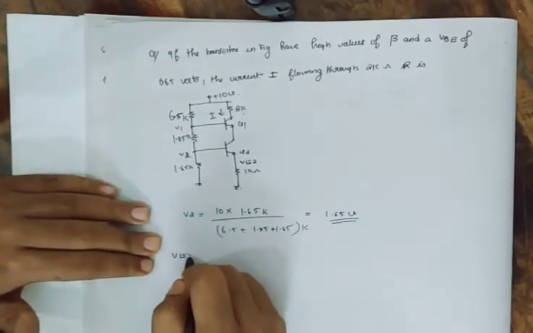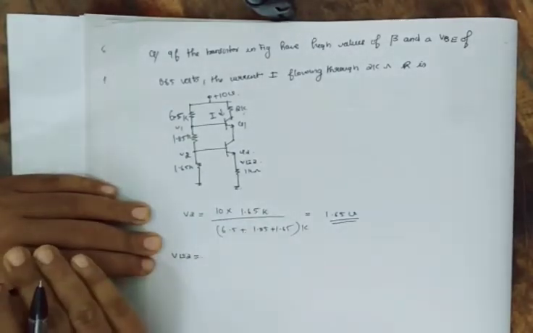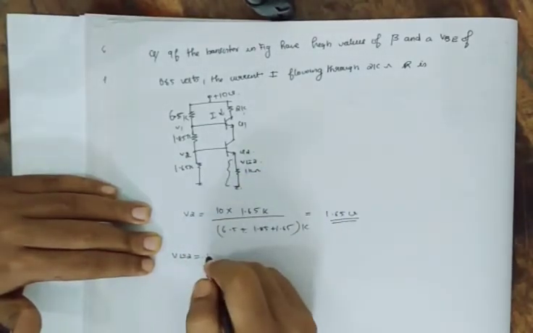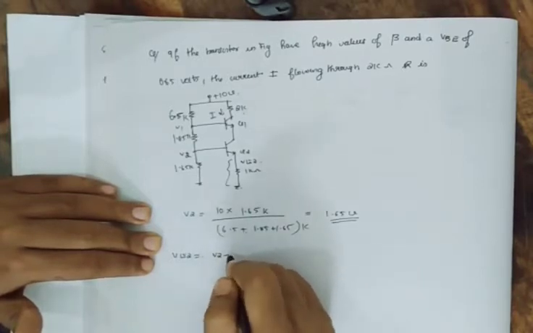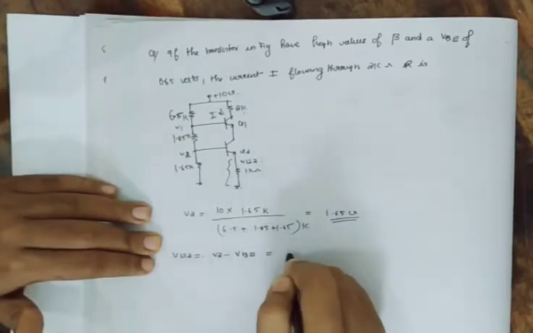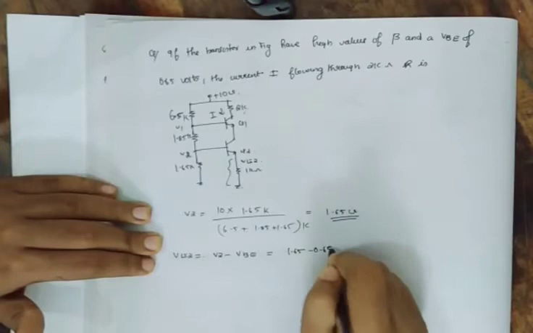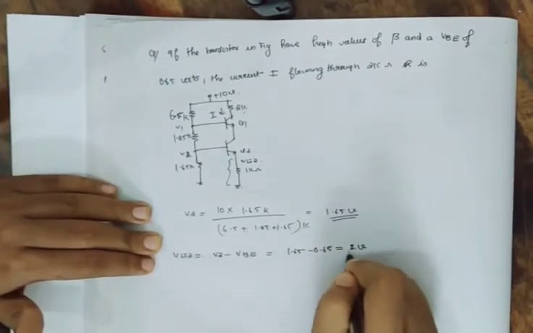And VE2, that is this one, is equal to V2 minus VBE, which is equal to 1.65 minus 0.65, that is 1 volt.